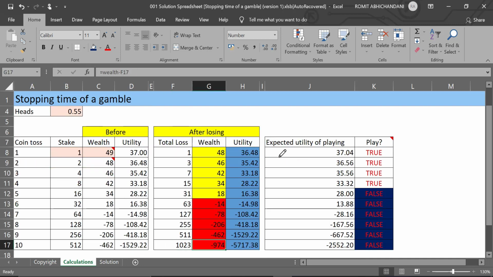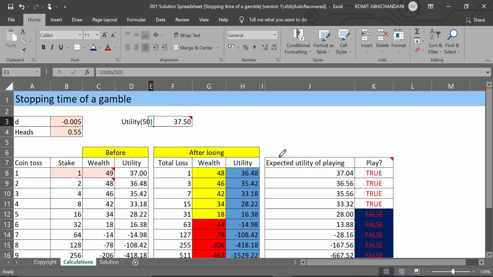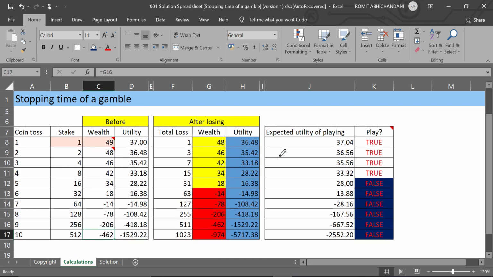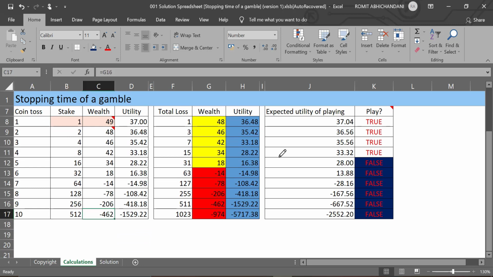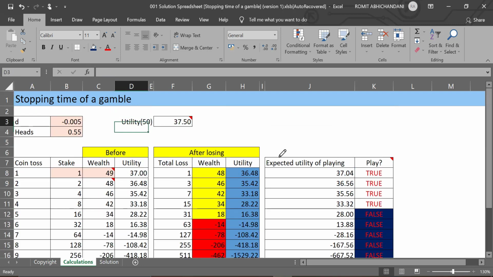Even if you win here when you have already lost 1023 pounds, even if you win once, your wealth will directly go to 50, because here you are putting 462 at stake. When you are at 512, you have already a wealth of minus 462, so you are putting 512 at stake. If you put 512 at stake and you win, then your wealth directly goes to 50, because 512 minus 462 is 50.